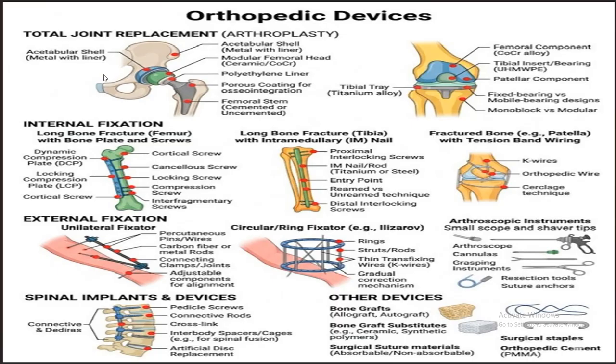For example, if your documentation contains acetabular shell or femoral stem, at that time you need to understand it is the hip replacement. So don't think that every time the physician will provide all the details. We need to have the idea. So based on this acetabular shell and femoral stem, we can code it as hip replacement or hip arthroplasty.